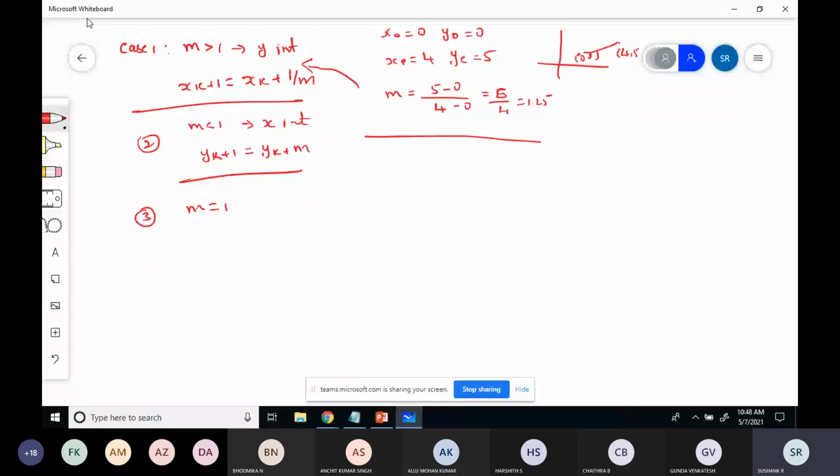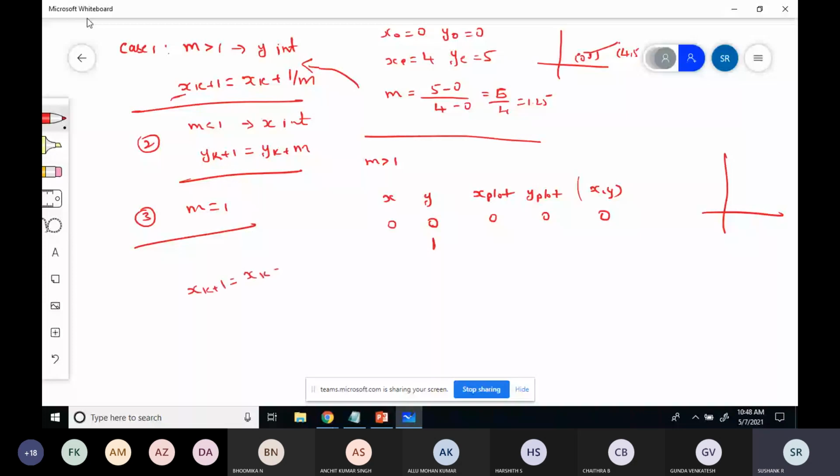So x plot, y plot, then x comma y. Initially x will be 0, y will be 0. So 0, 0, and x comma y will also be 0. After this, the value of y will increment by 1. So y will become 1. So xk you have to calculate from here, x of k plus 1 is equal to xk plus 1 by m.